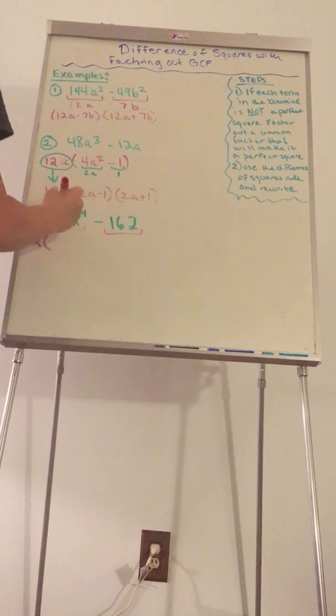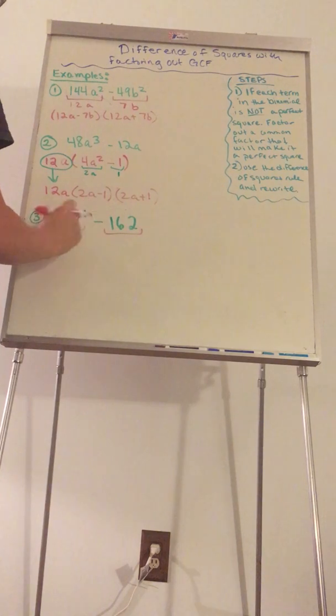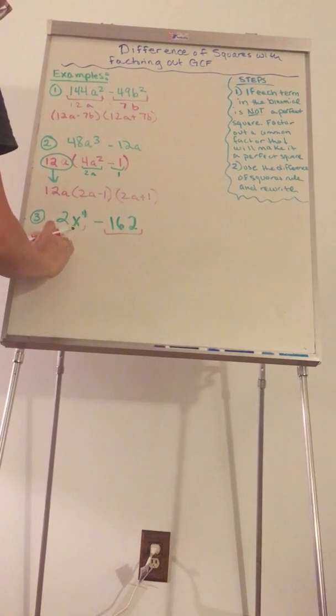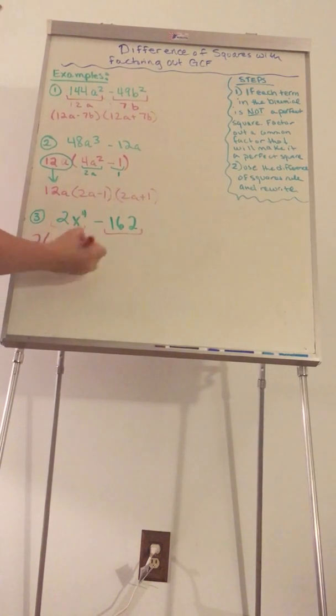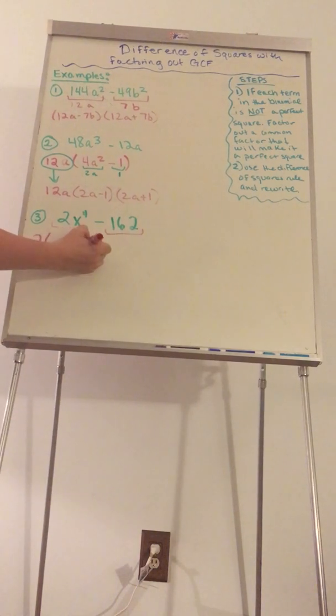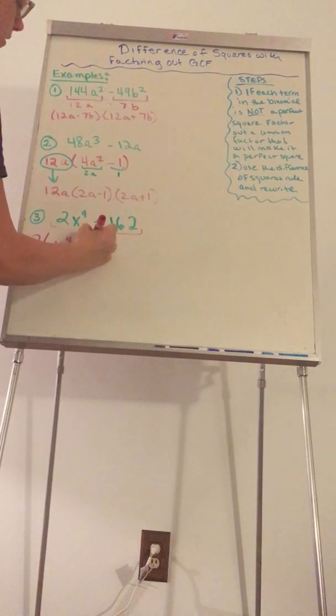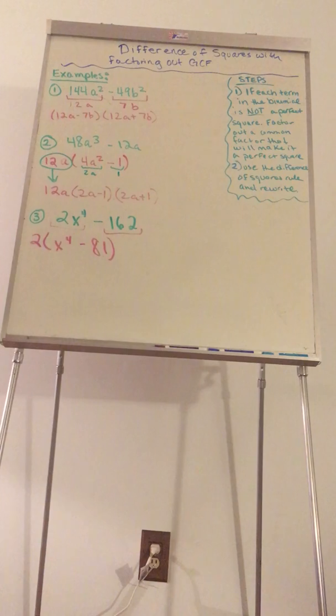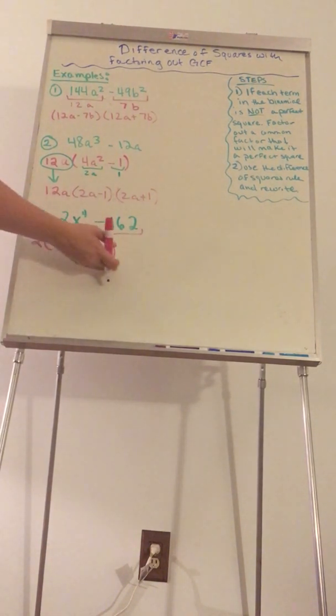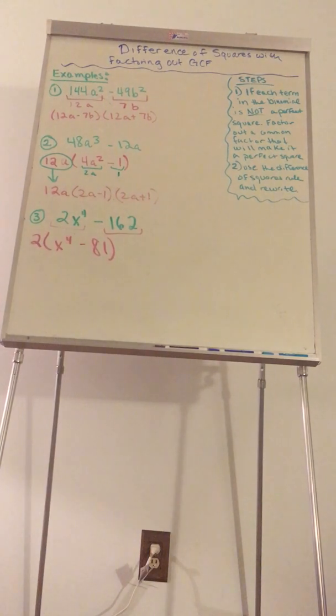And then I end up with 2 goes into 2 one time, x to the 4th minus 81. I know you've not seen x to the 4th, it's usually x squared here, but that doesn't matter. It's still a perfect square. Now, I have difference of squares. These are both perfect squares. I can factor it again.